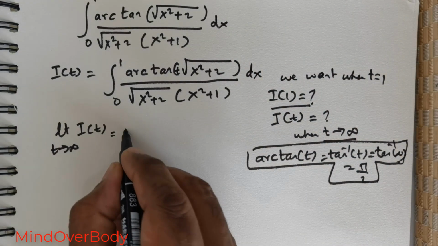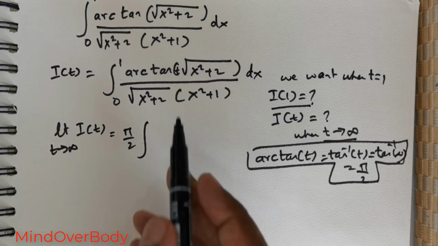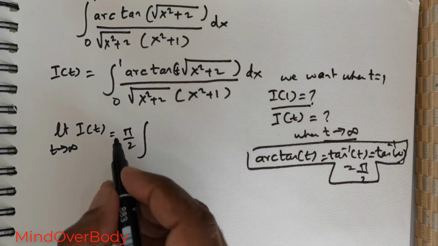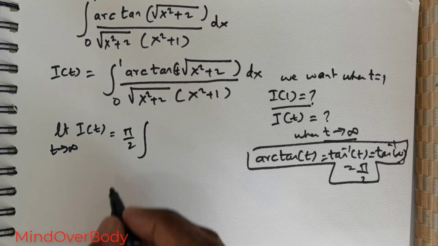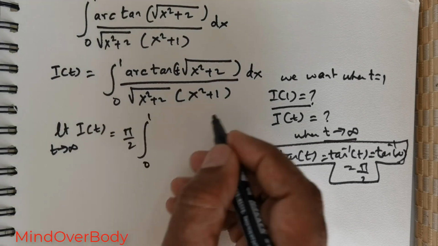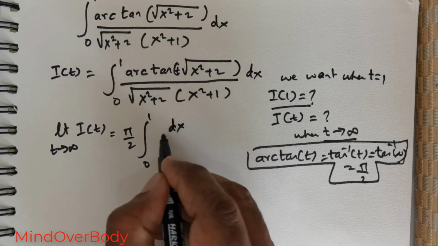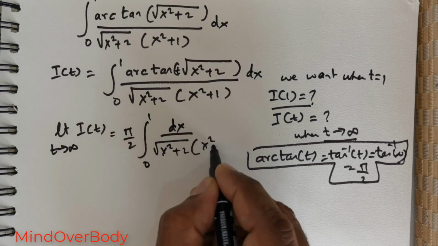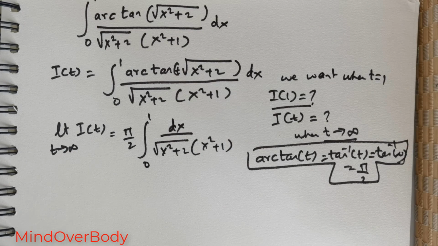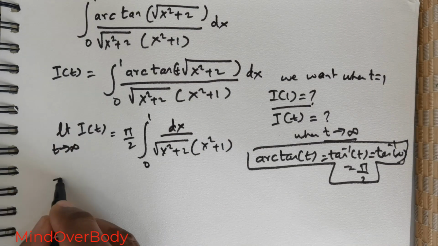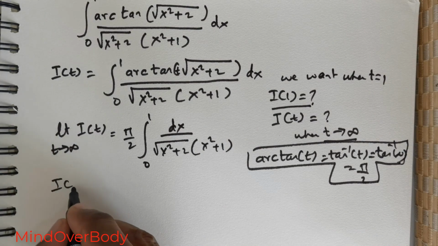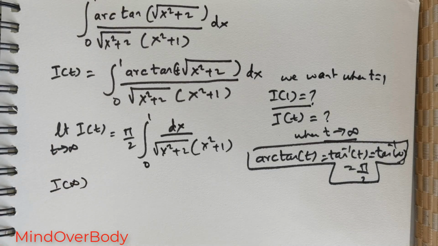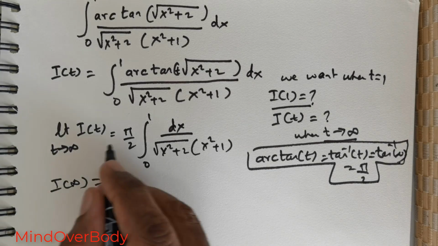So that would give us pi over 2 times, the numerator is already taken care of, it has resulted in pi over 2. So just write the other quantity. So we got dx over root of x squared plus 2 times x squared plus 1.